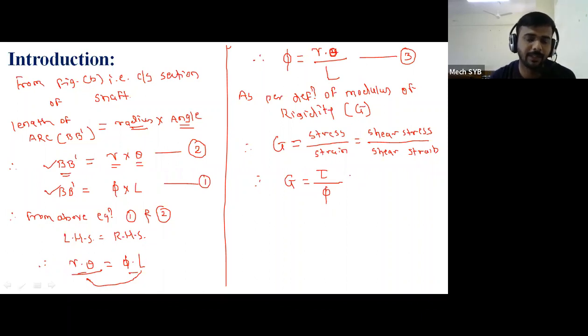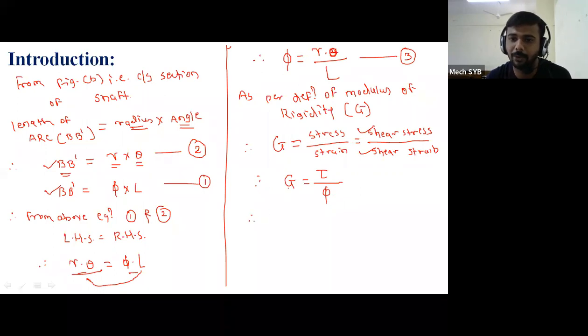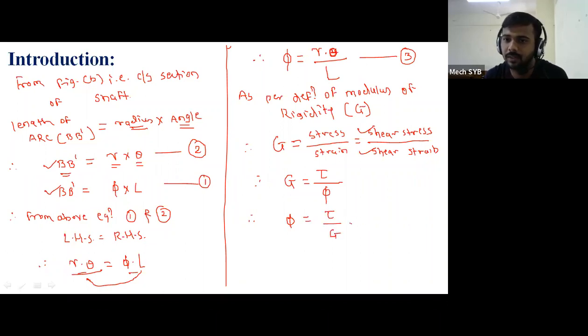As per the definition of modulus of rigidity, stress upon strain, this is the common definition, but it is equal to shear stress upon shear strain. And always shear stress is indicated by tau and shear strain is indicated by phi. Therefore, by using this equation, I will write the equation as phi is equal to tau upon G. This is the equation number 4.